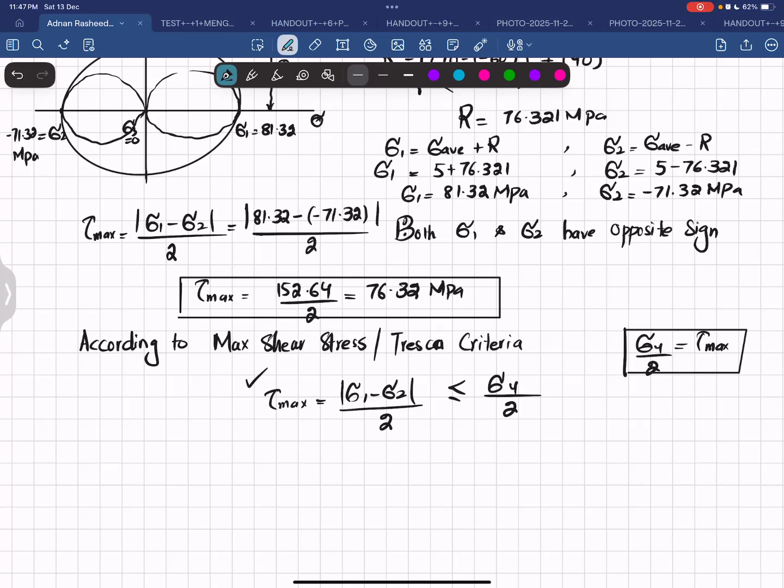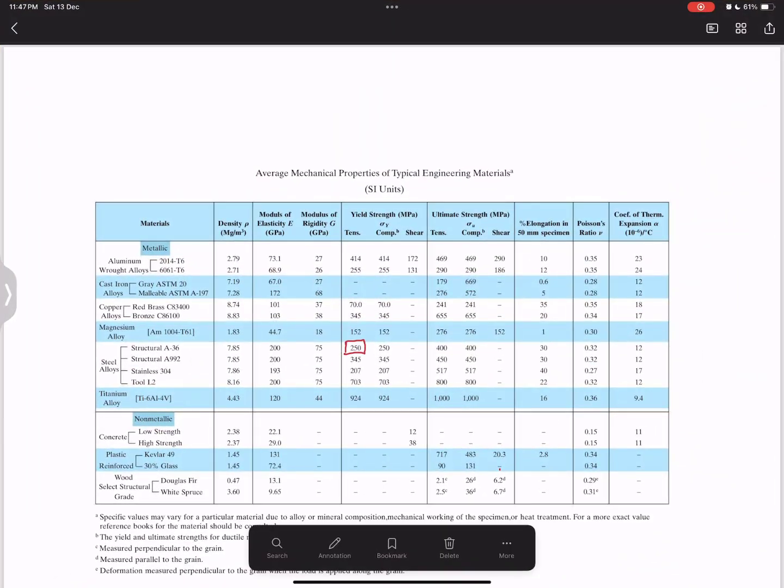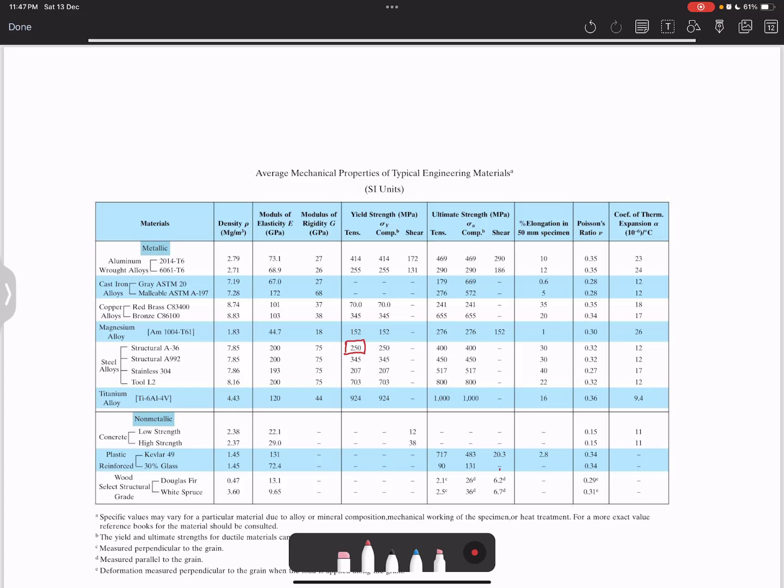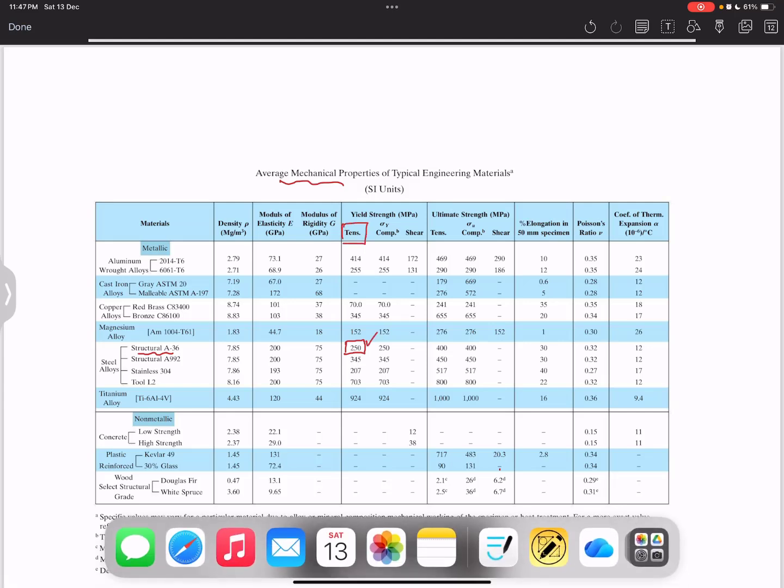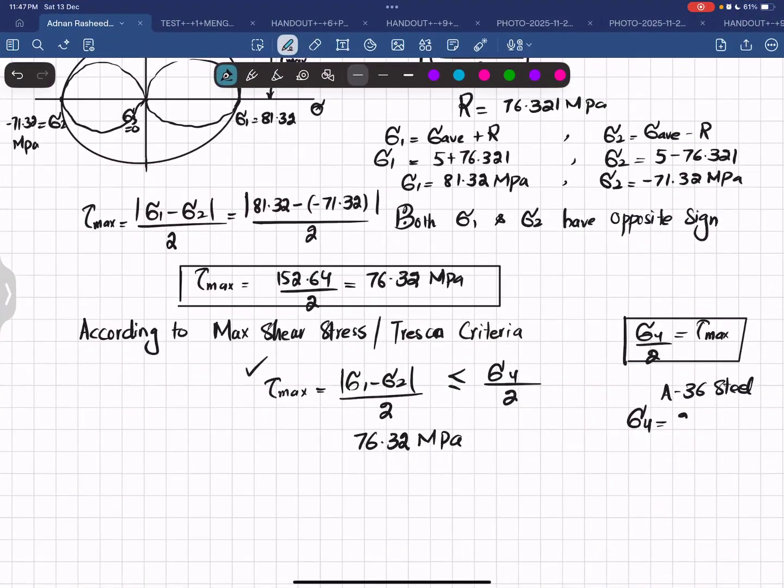Now the value which we have calculated on the left side is 76.32 megapascal, and we do not know sigma yield for A36 steel. So what we are going to do is go to the end of the book, to the average mechanical property table. Here you can see A36 has a tensile yield strength of 250 megapascal.